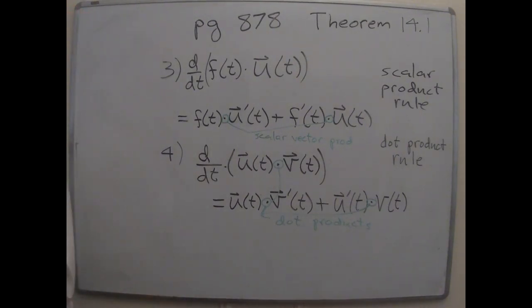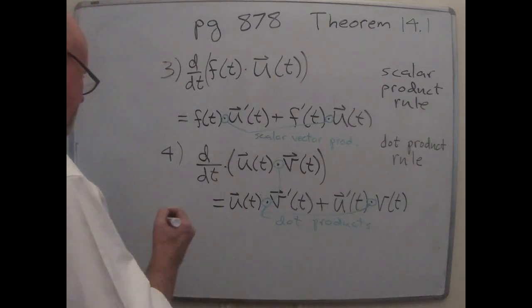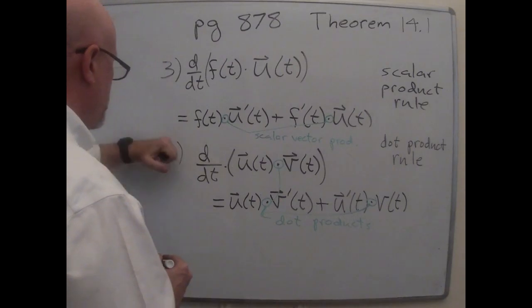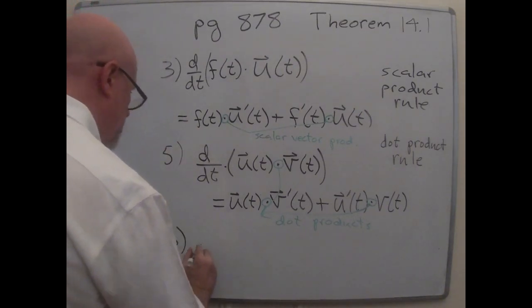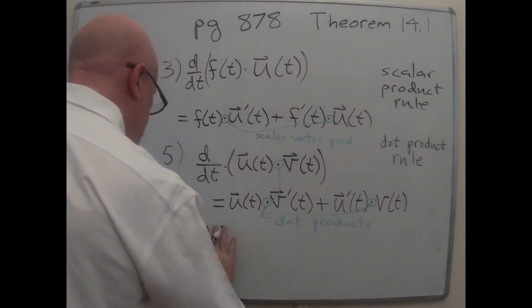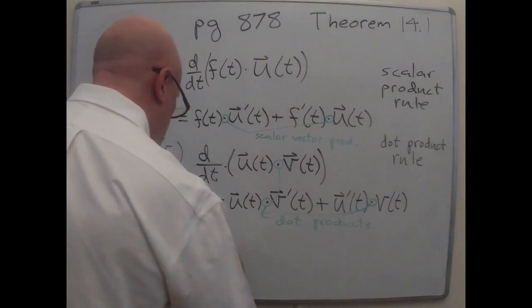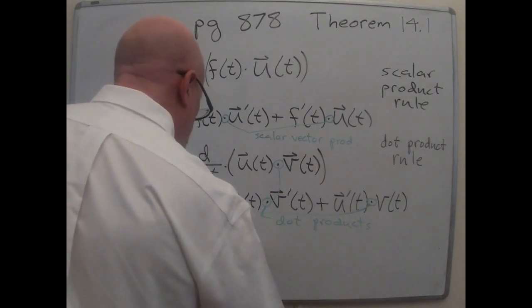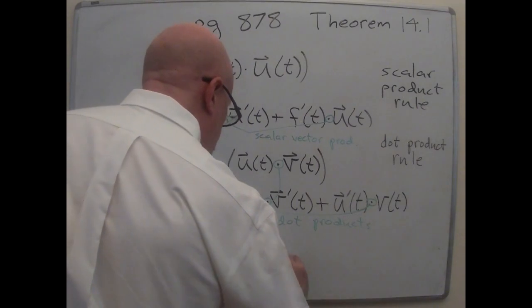The last product rule is when we're trying to take the derivative of a cross product. I numbered this one wrong, it's 5, isn't it? And the last one, 6, is the time derivative of a cross product, u of t crossed with v of t.